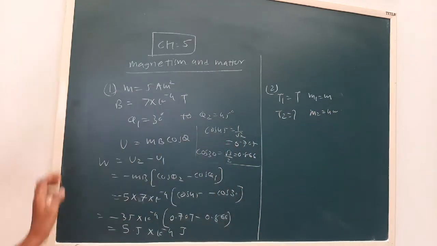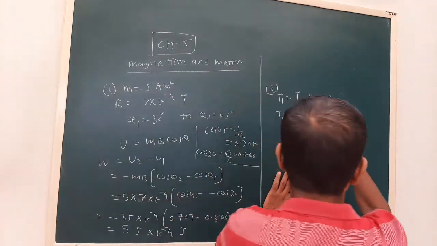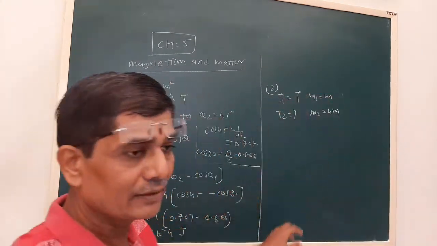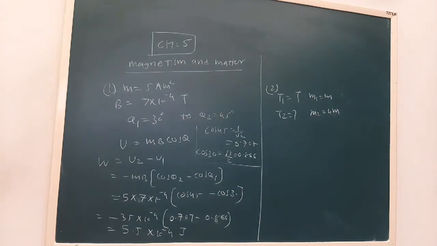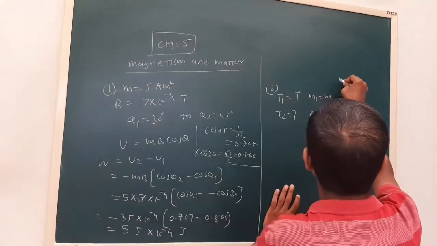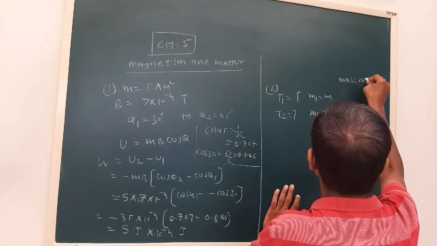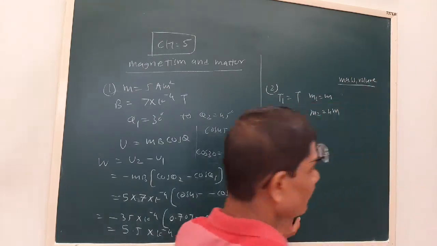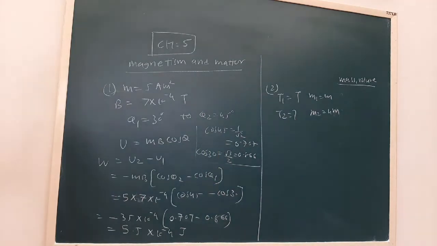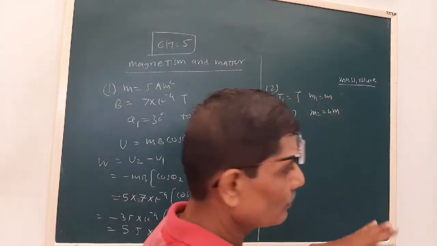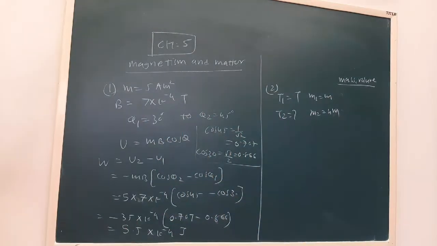What will be the periodic time of this other magnet? Because of the magnetic property, let us say the dipole moment is 4 times. So what is the new periodic time?